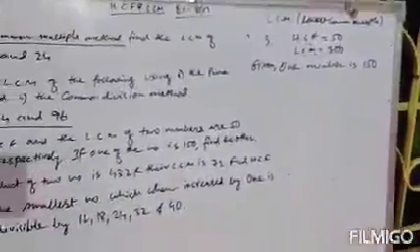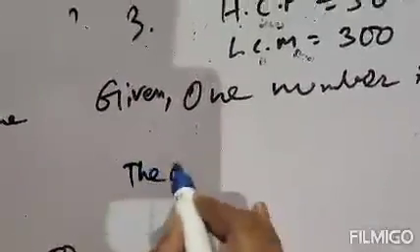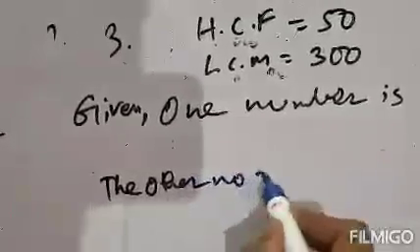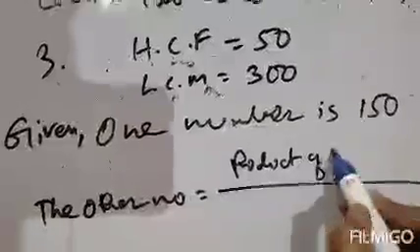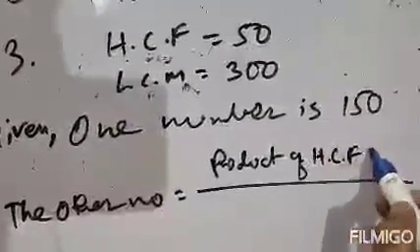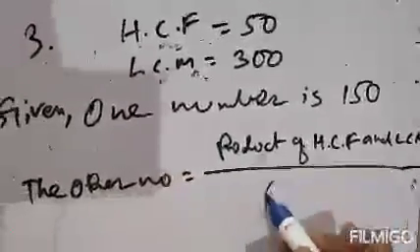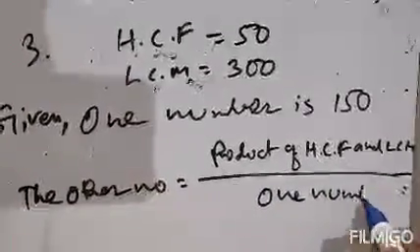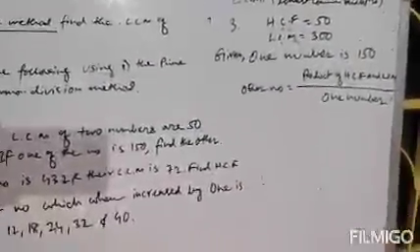So there is a formula. If HCF and LCM and one number are given, to find out the other number, we have a formula. The formula is: the other number equals the product of HCF and LCM divided by one number.